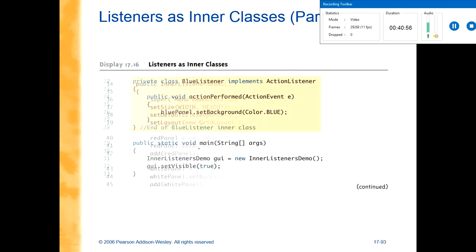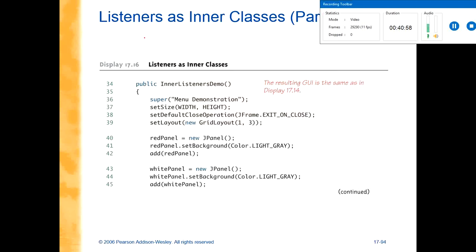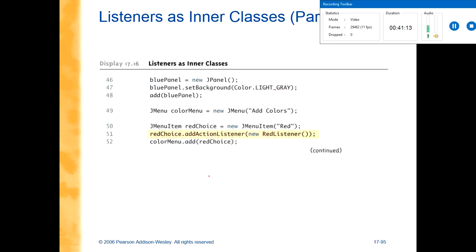Then we go for the main program, and over here in the constructor, the resulting frame will be the same. We have set the properties, we have added the red panel, white panel and blue panel. Now the change is over here.